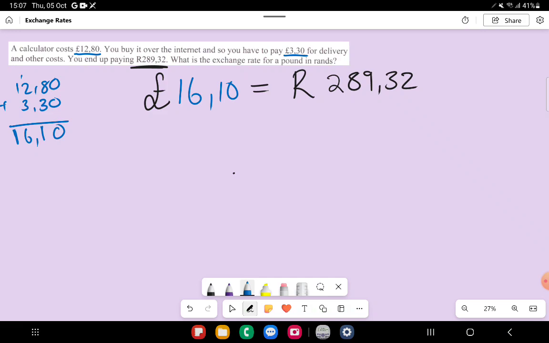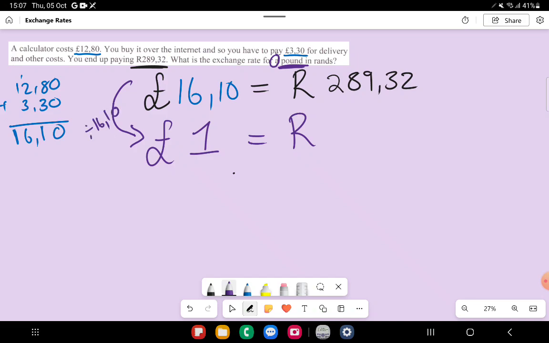Now the question is, what's the exchange rate for 1 pound? A means 1, so we want to know 1 pound. So the answer must say 1 pound is equal to something in rands. And to calculate that, you are going to say, what do I do here to get to there? And the answer is you're going to divide by 16.10. What I do this side, I do on this side.